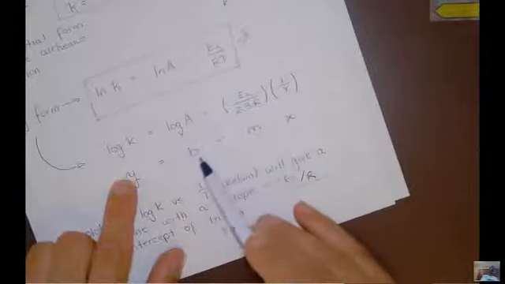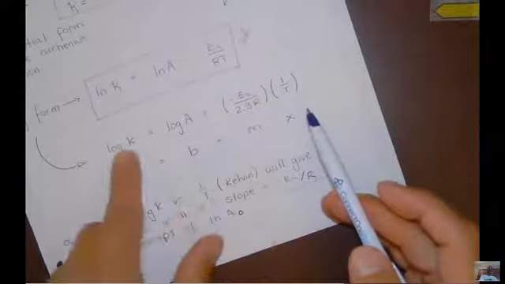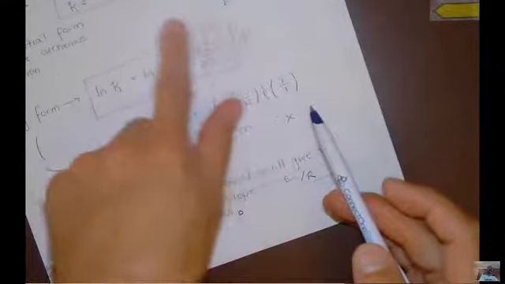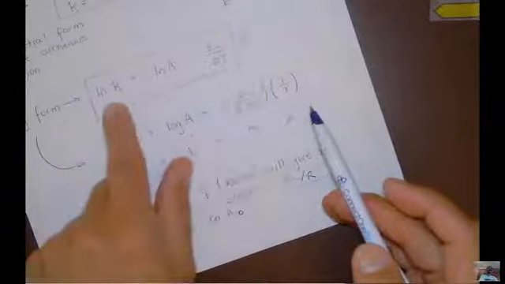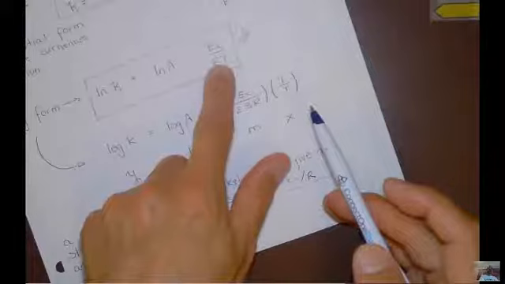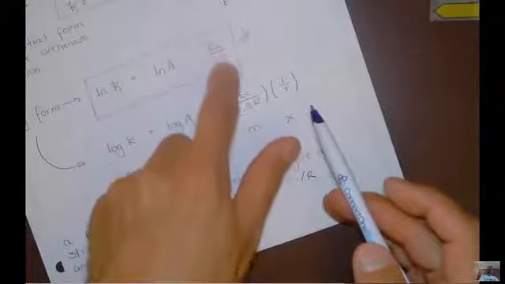So here in my log version, that's the old b. Here in the log version, this got a 2.3 in the denominator, but I could have done exactly the same thing over here. This would be y, this would be b, and EA over R is the slope times 1 over T.